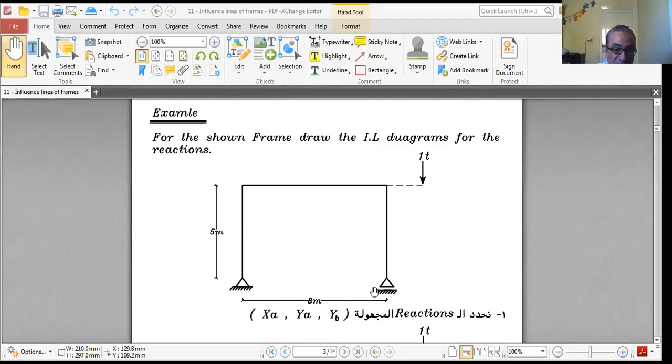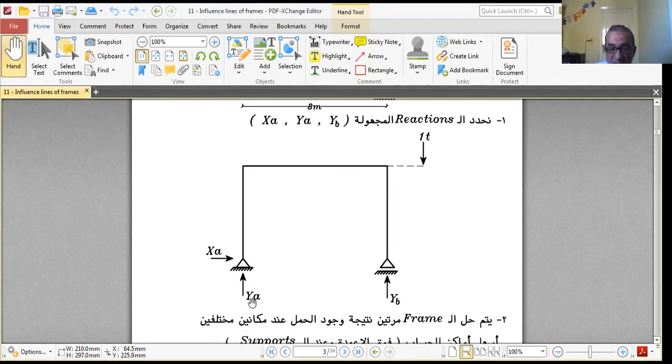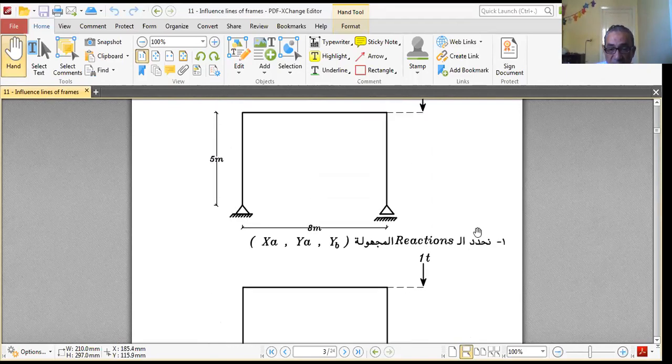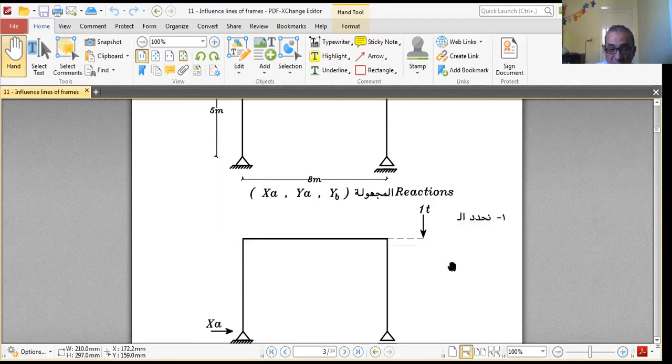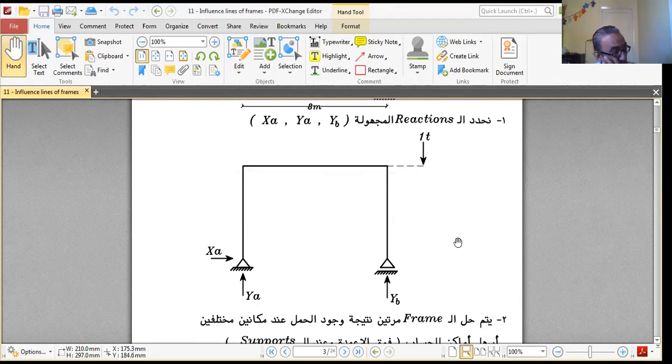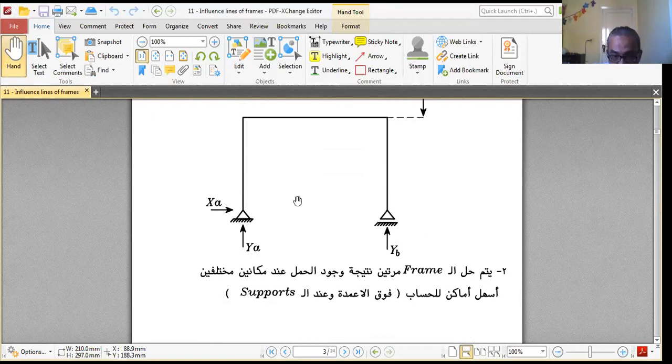It's a hinge and roller, and we have 1 ton moving from the right side to the left side. We calculate the reactions XA, YA, and YB. So we have XA, YA at A, YB at B, and the 1 ton moving from point B towards point A.